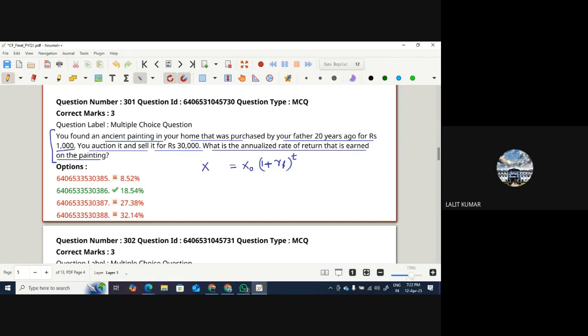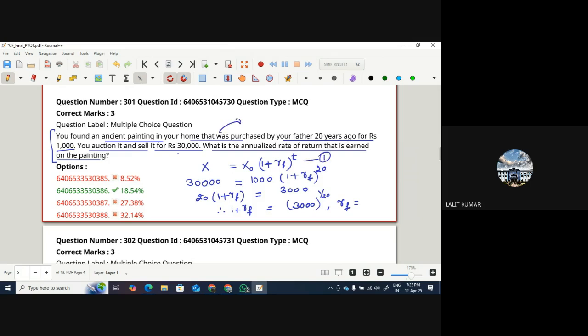When you put 30,000 is equal to 1,000 into (1 plus RF), the P has been given to you, 20. So (1 plus RF) to the power 20 is equal to 30,000 over 1,000, which will become 30. Therefore, 1 plus RF is equal to 30 to the power 1 by 20, use the calculator, and then derive RF.